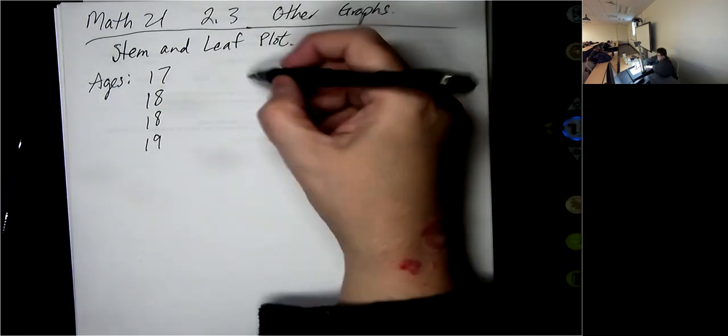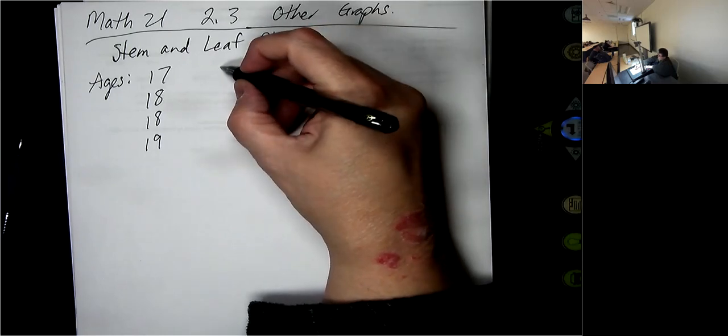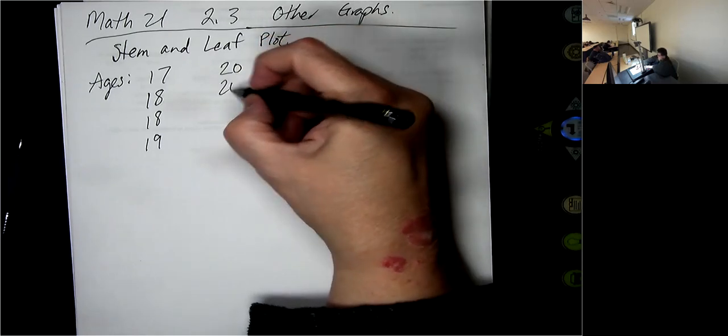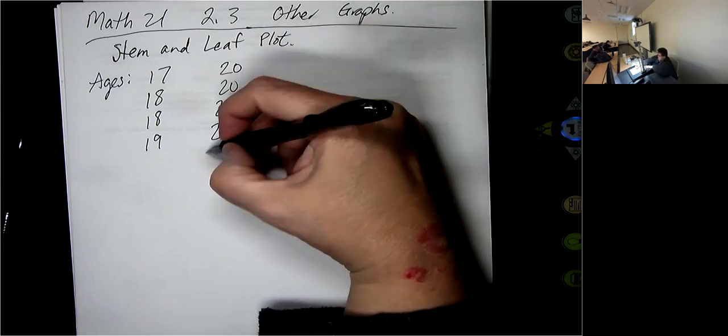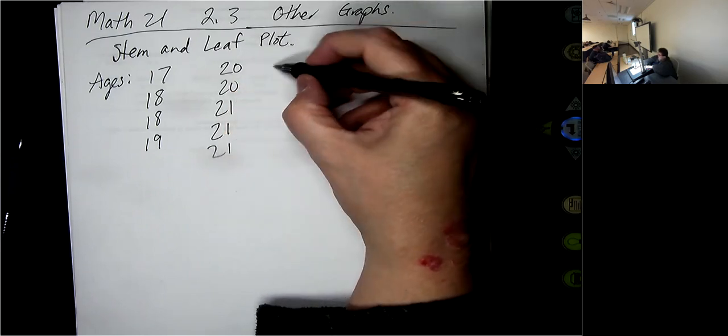We'll say there's a couple 18-year-olds and a 19-year-old. Rather than taking up the whole page with it, I'll do some more over here. 20, 20, 21, another 21, another 21. 23, and we'll have like a 28, and we'll stop there because no one in here is over 30.